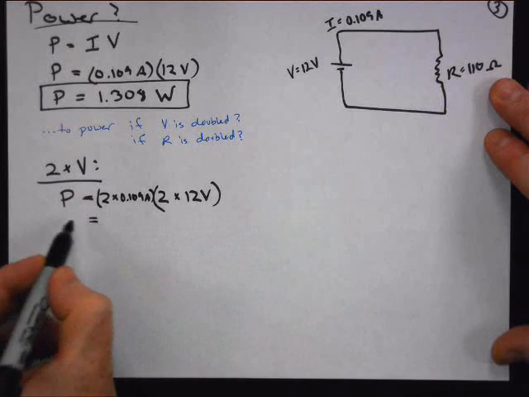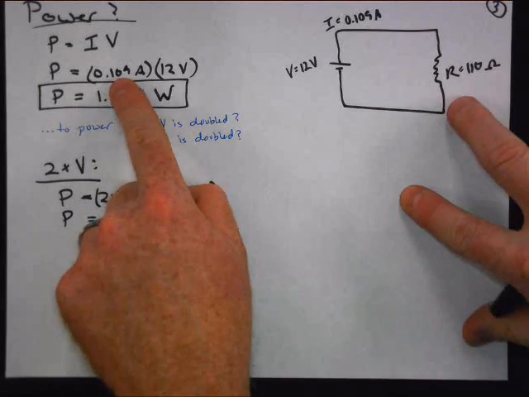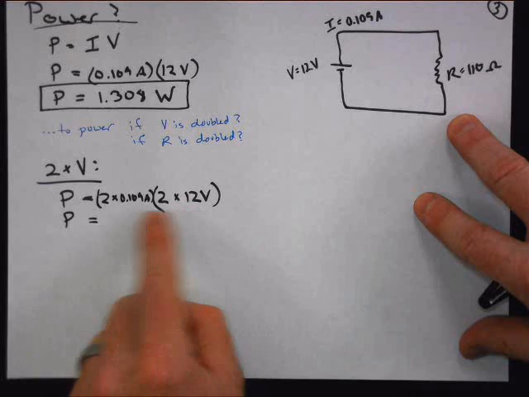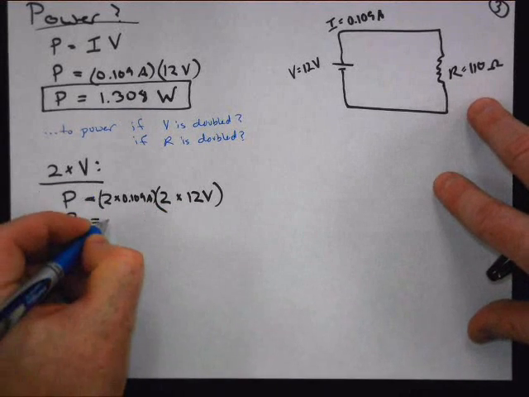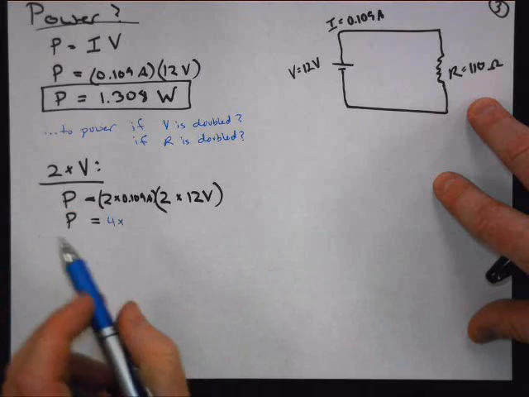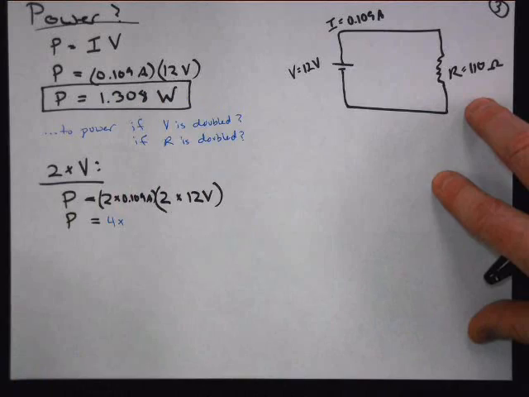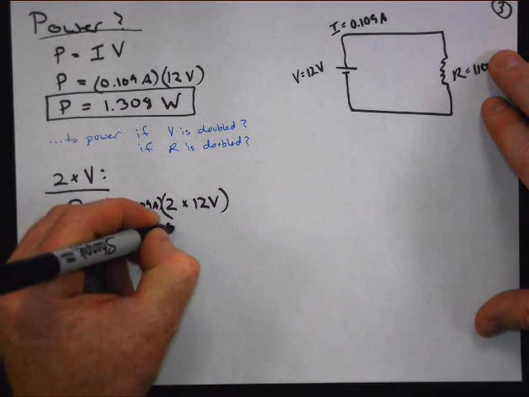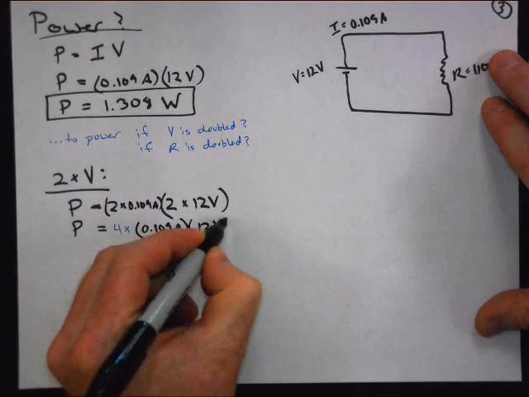Look at what's going on here. The original was basically 0.109 times 12. But I got a times 2 and a times 2. That's like a times 4. So 4 times the original 0.109 times 12.